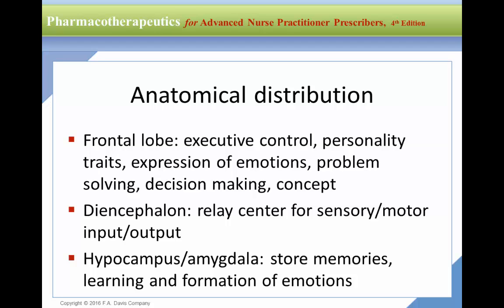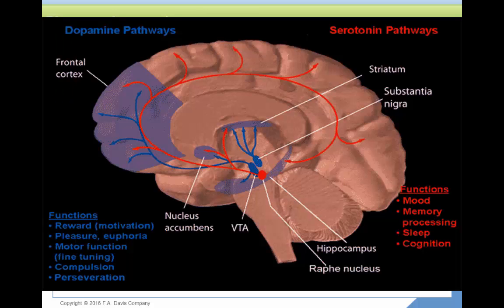If you remember anatomy and physiology, the frontal lobe basically executes control and personality, and also expresses emotions and decision making. The diencephalon relays motor input and output, and the hippocampus and amygdala basically are memory, learning, and formation of emotion. All this will be affected in anxiety and depression.